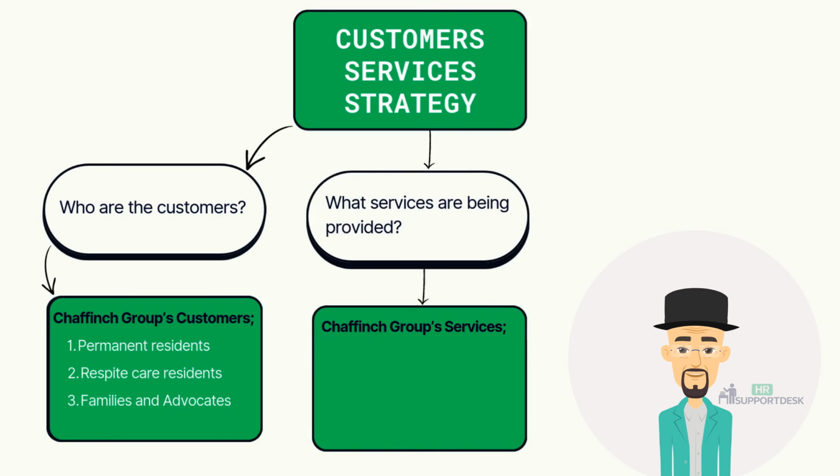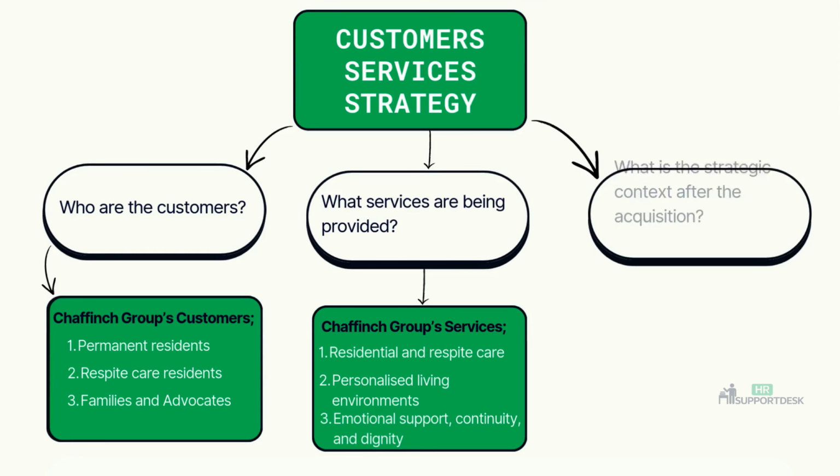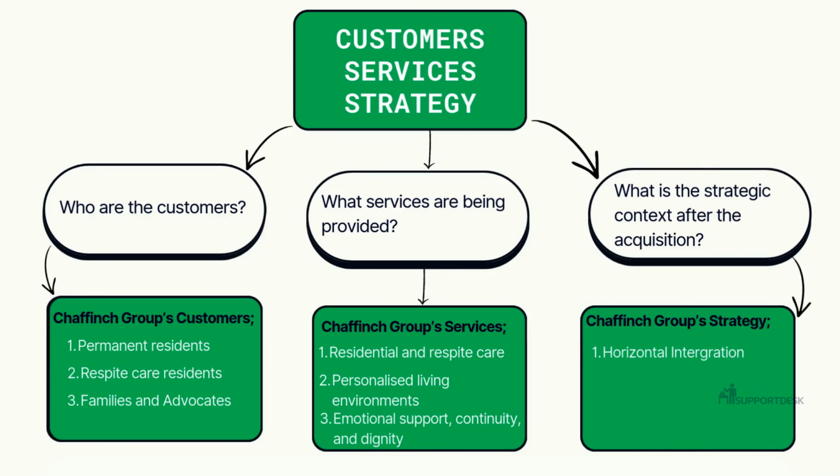Chaffinch Group services are listed as residential and respite care, personalized living environments, emotional support, continuity, and dignity. Finally, Chaffinch Group's strategy includes horizontal integration through the acquisition of Calmere House, standardization of services, and a decision-making process that has become bureaucratic and centralized.